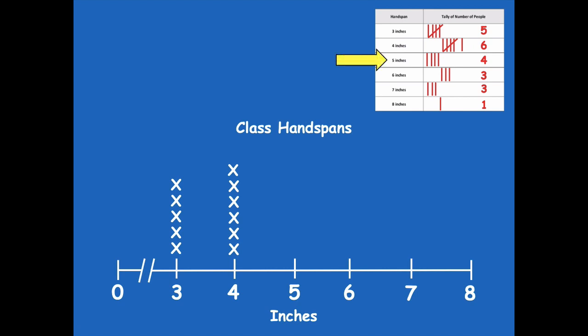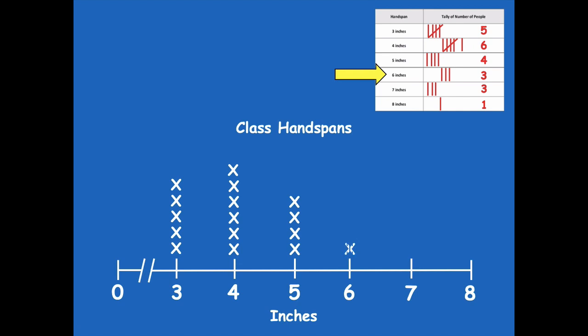Okay, let's go to 5 inches. Friend, how many people had a 5-inch handspan? Yeah, 4. So how many X's am I going to put on my line plot? 4. So 1, 2, 3, 4. Okay, now we're going to come to 6. How many people had a 6-inch handspan? 3.